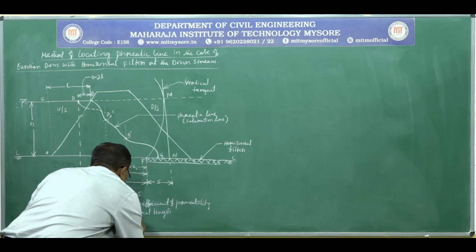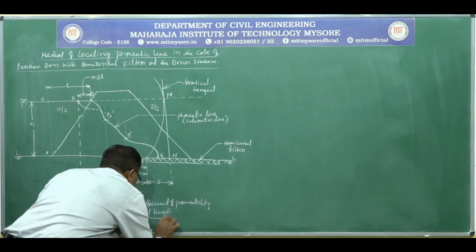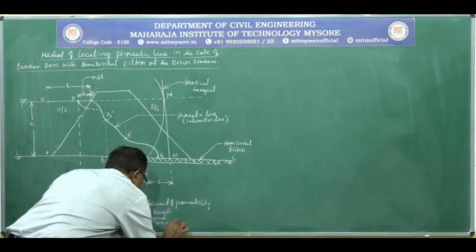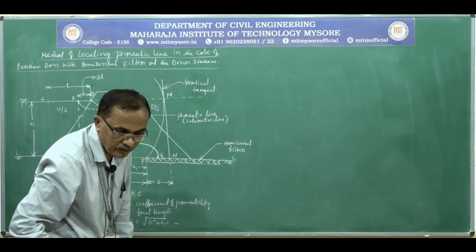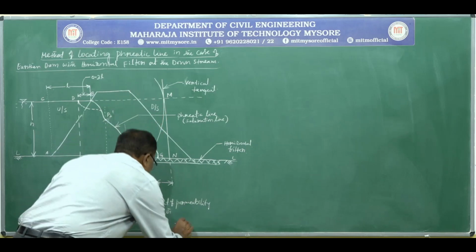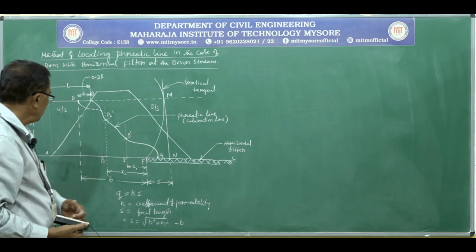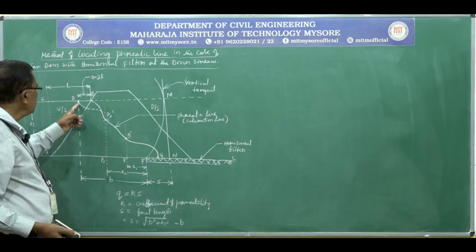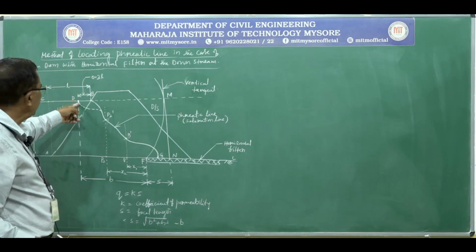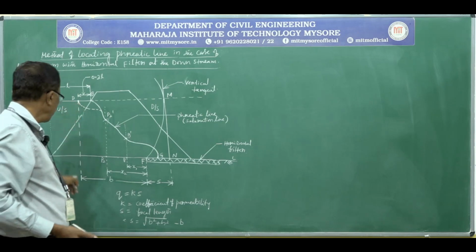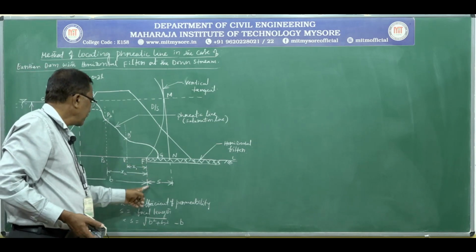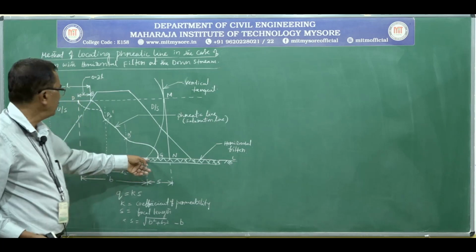That is, S is equal to root of b square plus H square minus b. So b is the horizontal distance between the theoretical commencing point of the phreatic line and the commencing point of the horizontal filter.